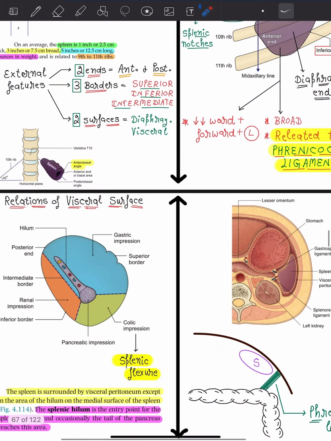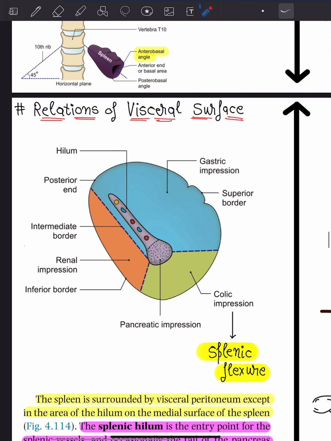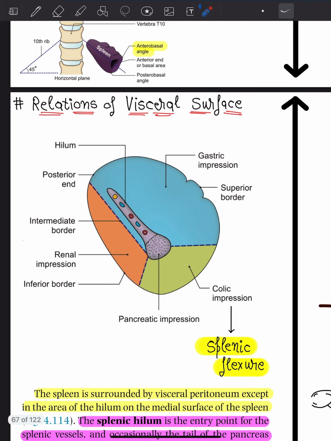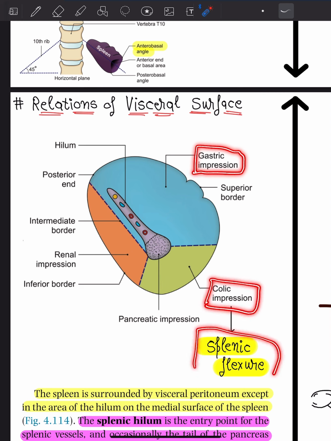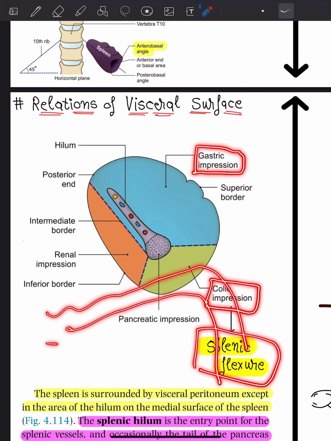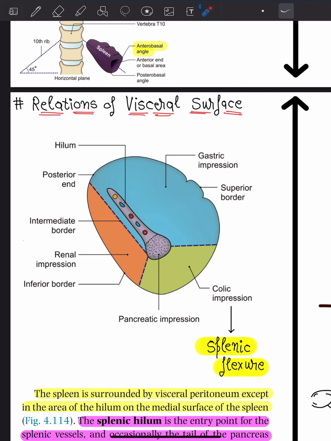Now, when we talk about the relations of the visceral surface, on the back side we have three major impressions: the gastric impression for the stomach, the colic impression for the splenic flexure of the colon, so the colon will be going something like this, this is the splenic flexure, and the renal impression for the left kidney.